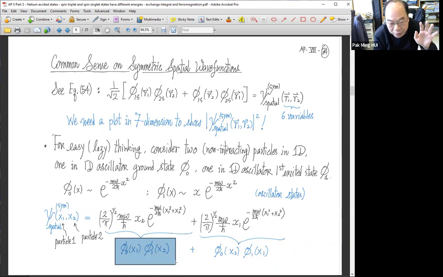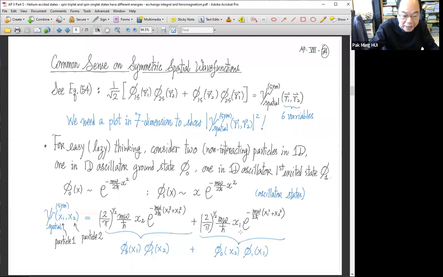It's not symmetric, it's not anti-symmetric, it's nothing. Okay, so this is the proper way. Writing it out, I have x1 in the ground state, x2 in the first excited state, therefore I have an extra x here. Similarly, for the second term, I have x1 in the first excited state, I have the x1 here.